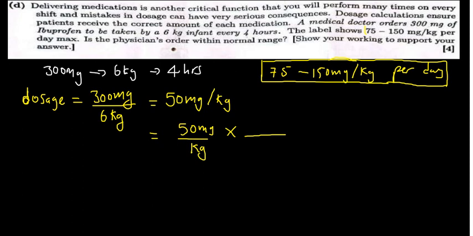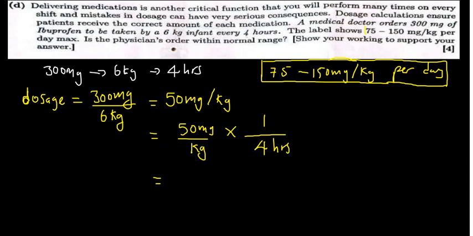Since I want per day, I need the day to be in the denominator. But here we've been given hours, so I'll just divide by the hours. The answer is going to be 50 divided by 4.